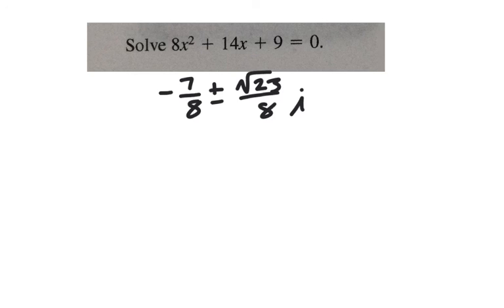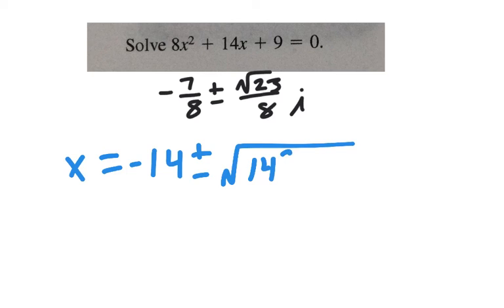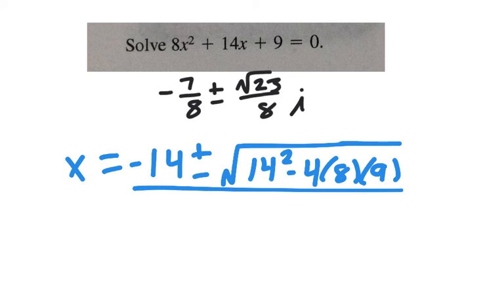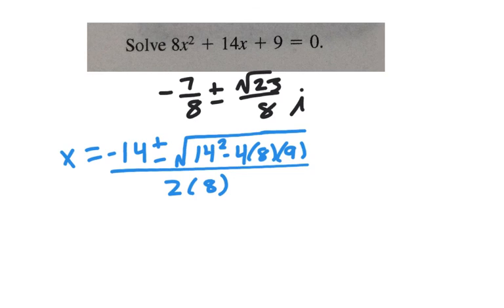Work it out. x equals negative b plus or minus the square root of b squared minus 4 times a times c, all over 2 times a.